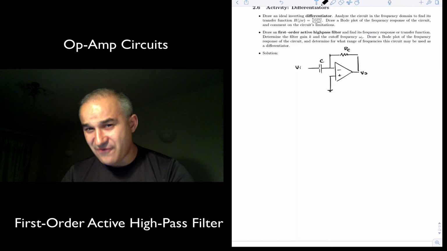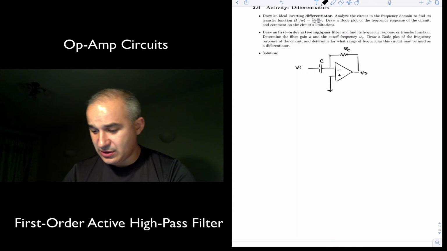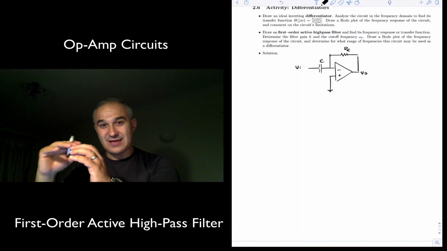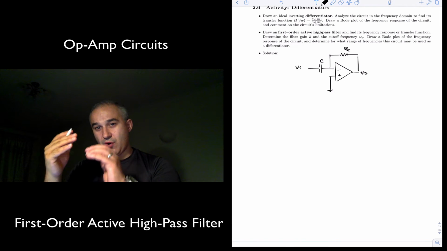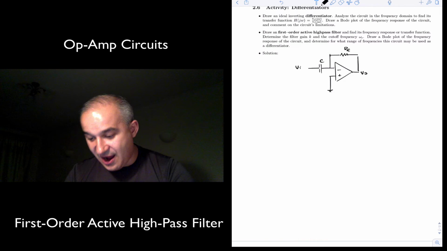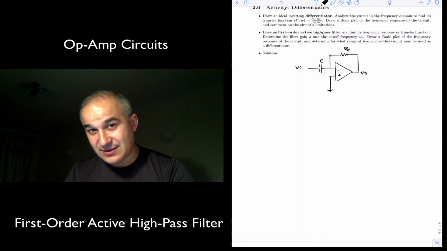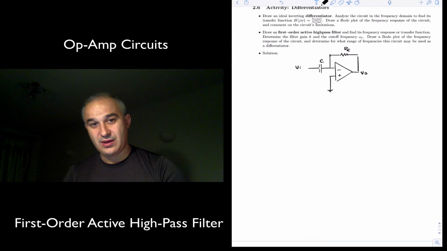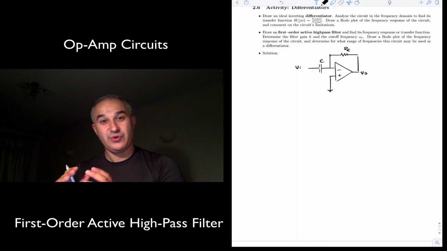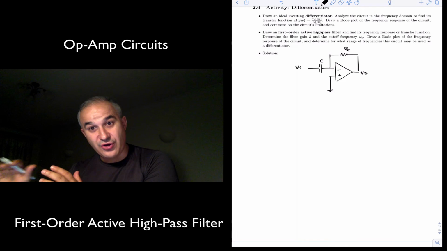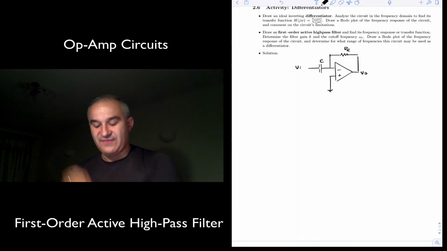And so we have an inverting amplifier configuration where the output is minus RF, the resistance in the feedback, over Ri, and Ri here is 0. And so we have very high gain as the frequency goes up. And so if you have high frequency noise, you will be amplifying that.